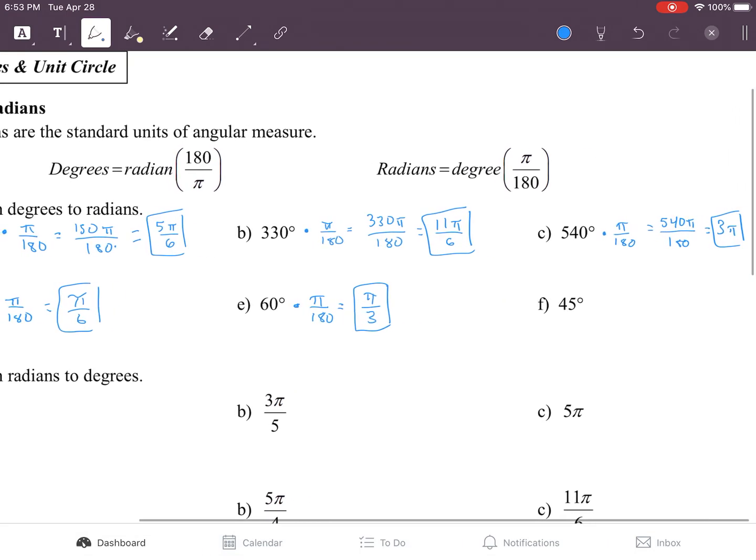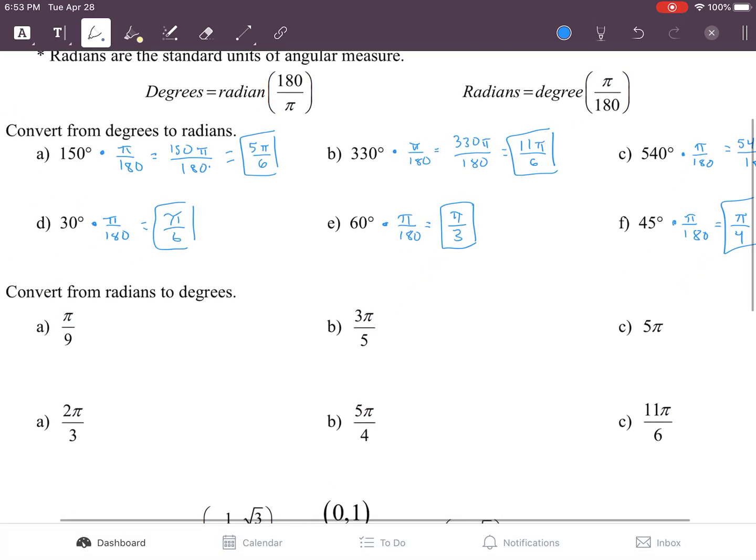And 45 degrees times pi over 180 gives you pi over 4. So that is converting degrees to radians.